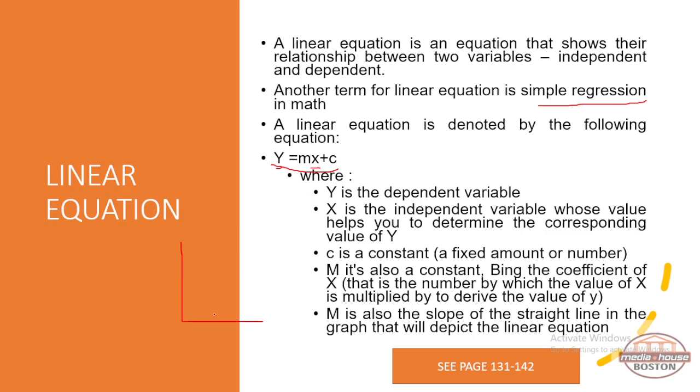So y equals mx plus c can be plotted like this, or sometimes we can find it like this. When we find it like this, it means that m is positive. And when we find it like this, m is negative. So in a business, we'll never have a negative m, we'll always have a positive m.